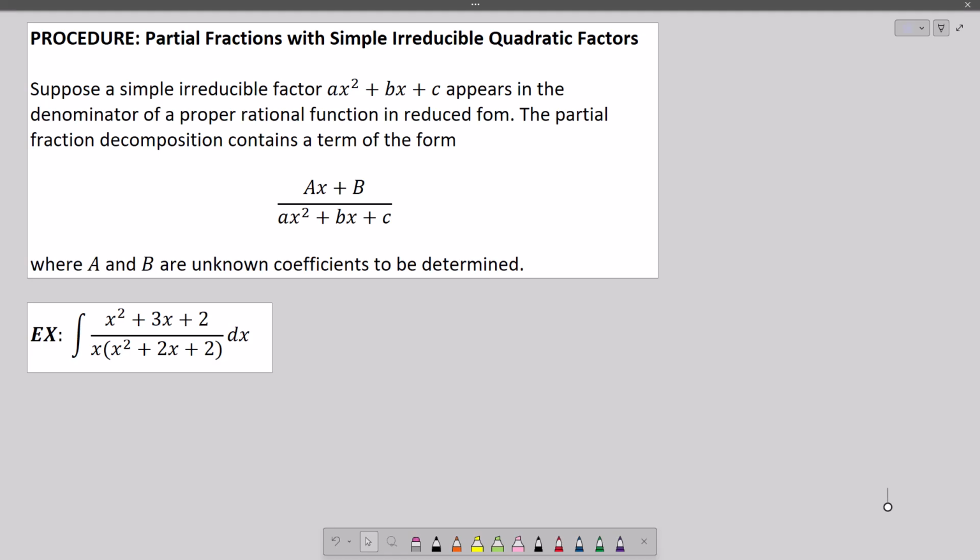An irreducible quadratic is a quadratic that has imaginary solutions. So you can't factor it into like x minus 2 and x plus 3 because that has real solutions. A classic irreducible quadratic is x squared plus 1. X squared plus 1 can't be factored unless you use imaginary numbers, which we don't want to do. So note, these are sort of classic irreducible quadratics.